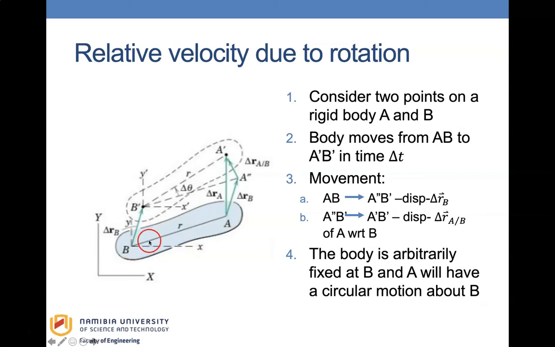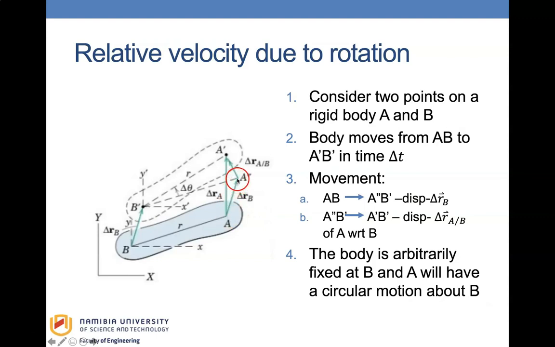If this line AB moves to its final position A prime, B prime, let's say during the time del t, we want to find the velocity of B. To do that, we have to break this motion into two steps. The first step is the line moves from AB to A double prime B prime. That gives us the displacement del R B, which is this displacement.